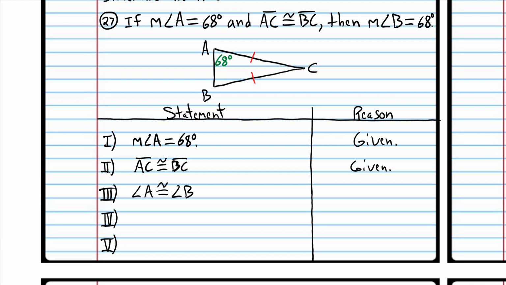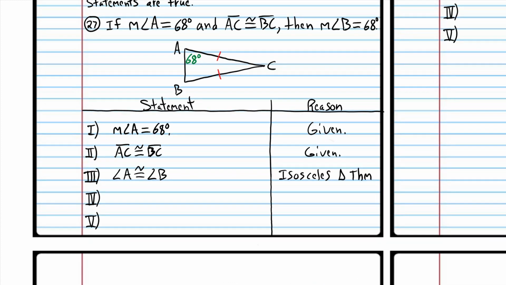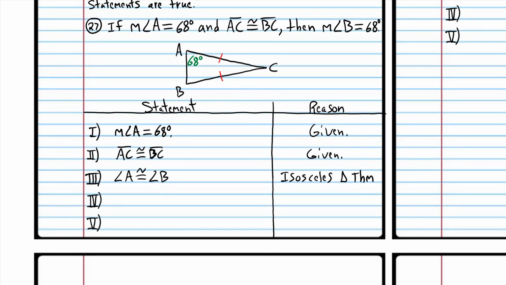Well, that's the Isosceles Triangle Theorem. If two sides of a triangle are congruent, then the angles opposite those sides must be congruent also. So angle A is congruent to angle B.